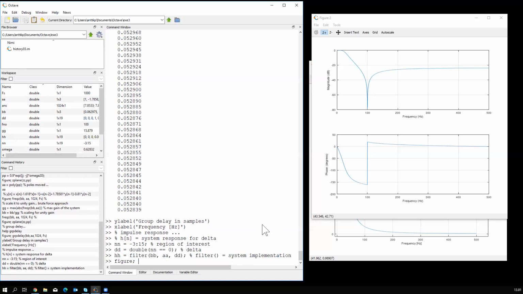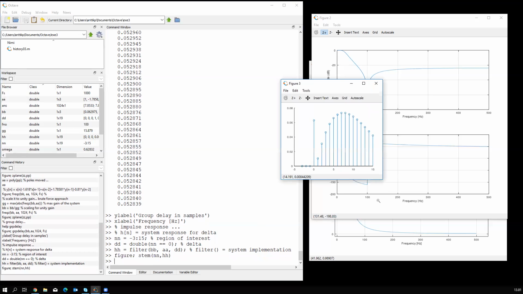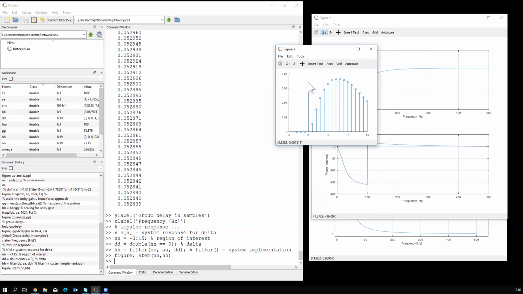New figure, I can stem plot it, n and h. Wow, looks like that. Looks interesting, especially the first point here. There's an impulse and then it has this kind of decay.